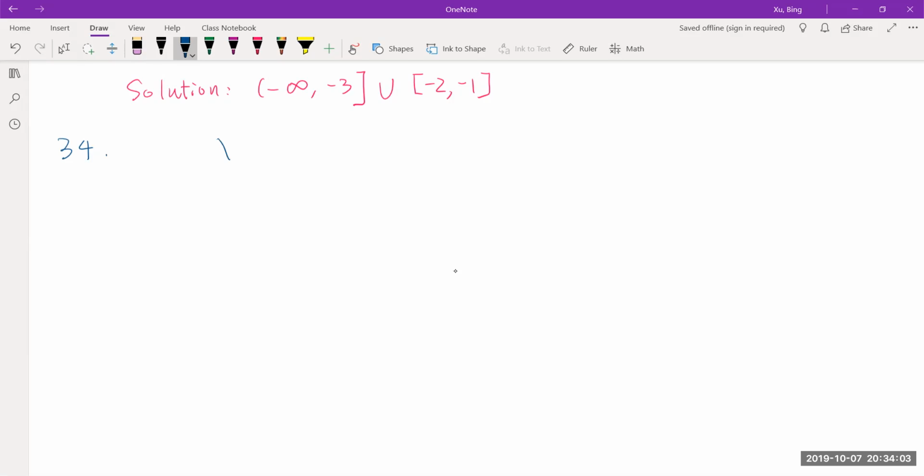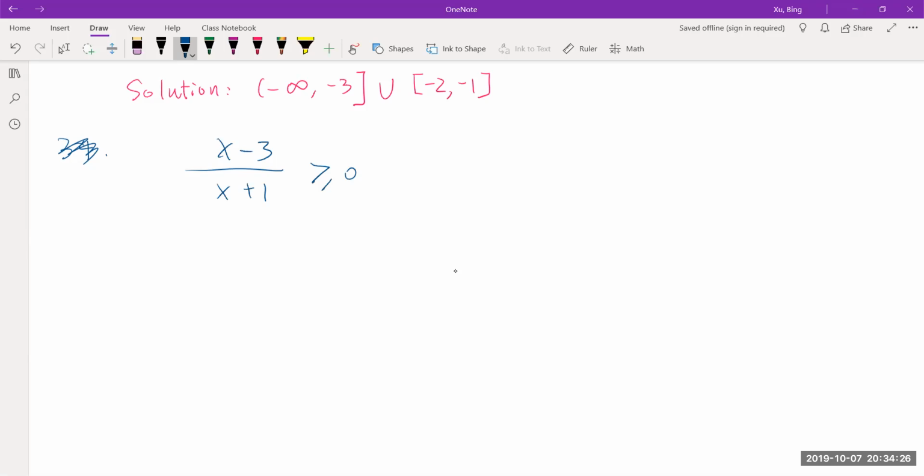Solve this inequality. It is greater than, let me make it equal to 0. Okay, now 34 is just greater than. I changed the problem, so this is not number 34. All right, so we want to solve this inequality.